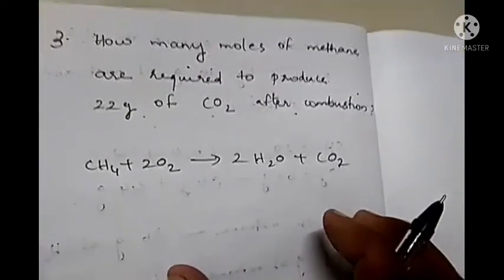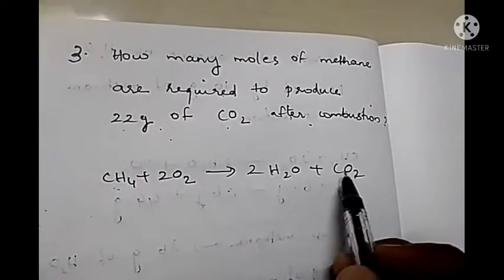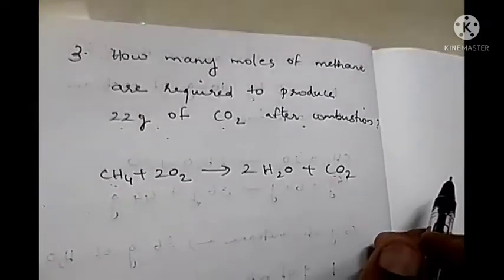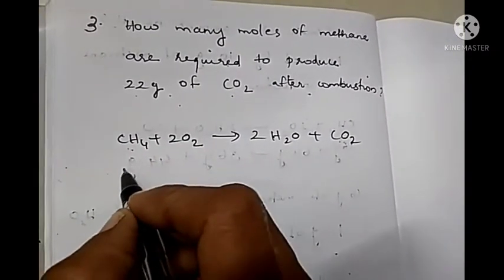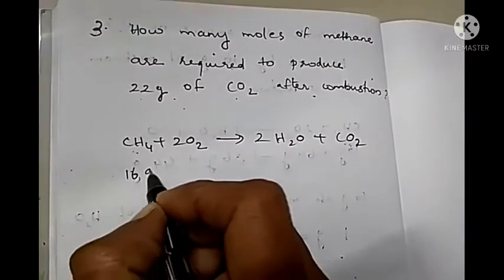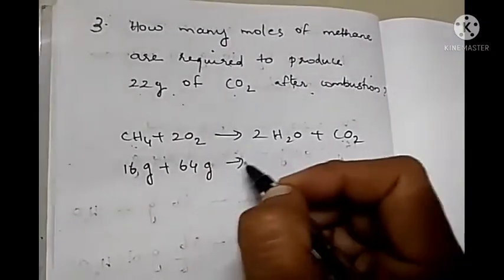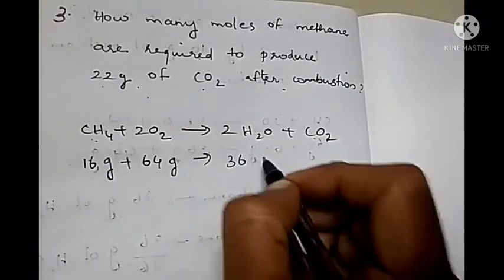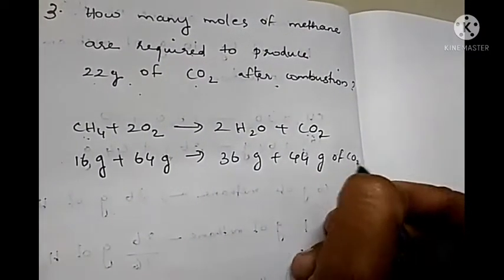From this, what we are asked? We have to calculate the amount of methane to produce 22 gram of carbon dioxide. So according to the balanced equation, what are the masses of the reactants and product? Mass of methane is 16 gram and that of oxygen is 64 gram. And they are producing 36 gram of water plus 44 gram of carbon dioxide.